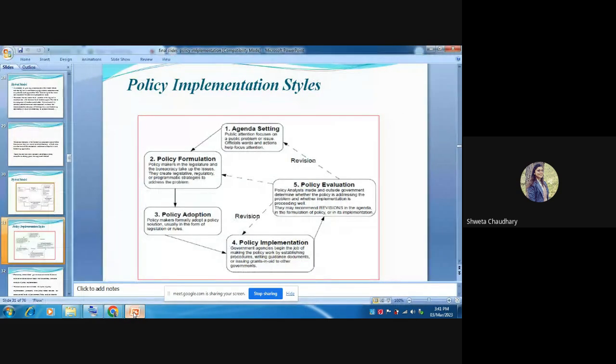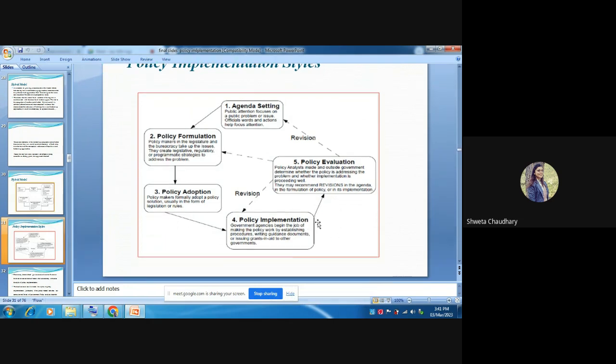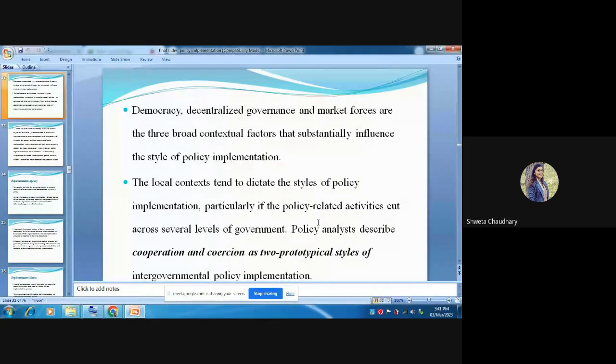Then policy implementation styles are again those things where you have to find out the agenda, then create a formulation, then adoption, implementation and evaluation, as we discussed earlier. Style means whether you want to take up the policy as cooperation or coercion.